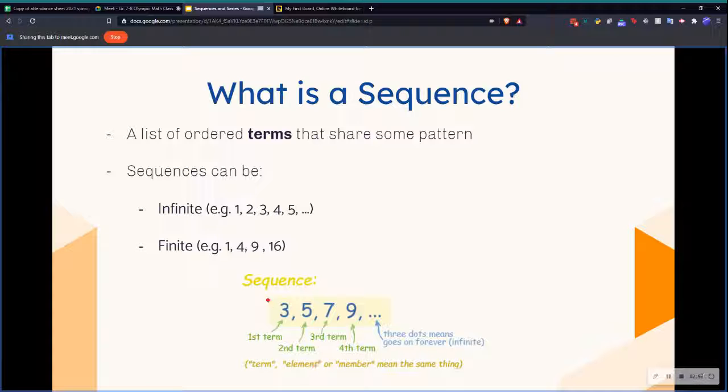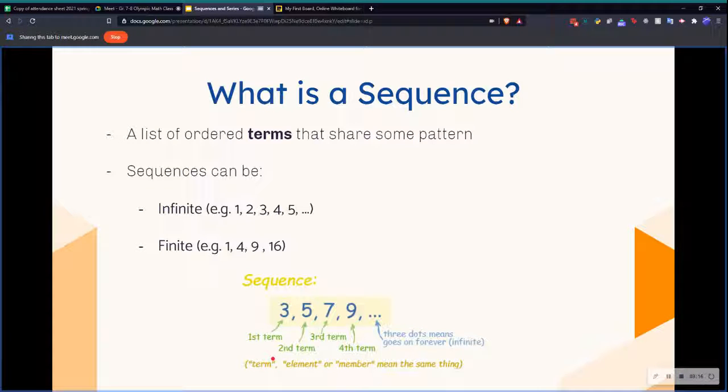Now look at this diagram below. This is what a sequence basically looks like: you start from the first term, then the second term, third term, fourth term, and so on. This is an infinite sequence, so the three dots mean it goes on forever.